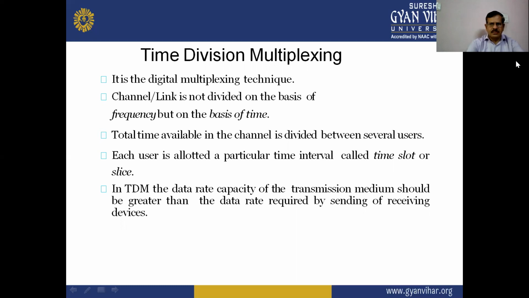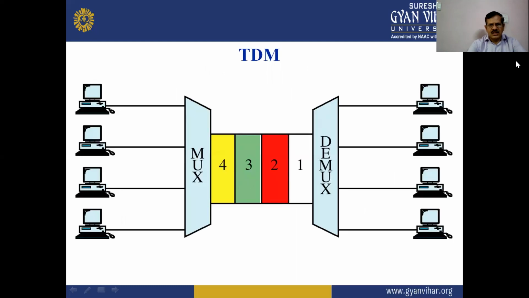In TDM, the data rate capacity of the transmission medium should be greater than the data rate required by the sending or receiving devices. So in this TDM system, the different inputs are converted with the help of the multiplexer into time slots.